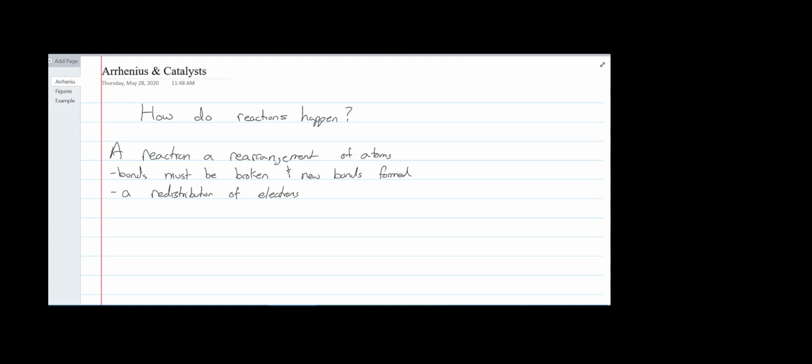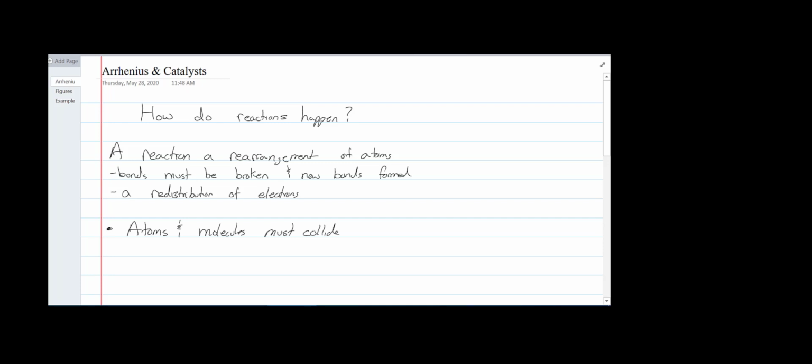Three points. The first one is atoms. Atoms and molecules must collide or be pretty darn close.